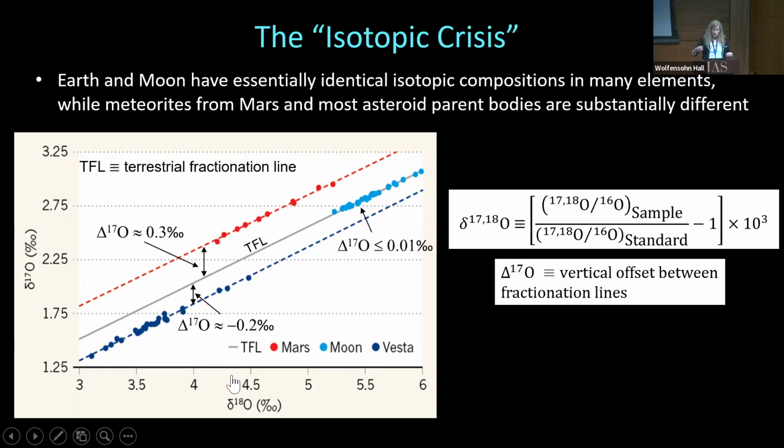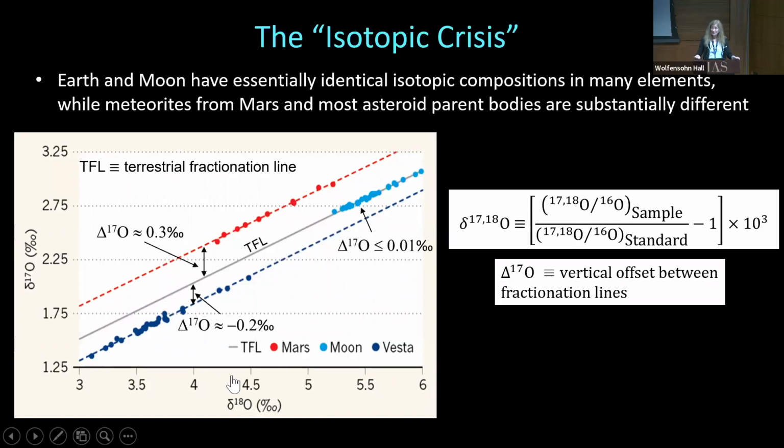If you take different samples from the Earth, one from the ocean, another from a cloud, they will fall at different positions on this plot because geological processes like condensation and evaporation and even differentiation in silicates will fractionate isotopes, but they fractionate isotopes in a manner that depends on the mass of the isotope.